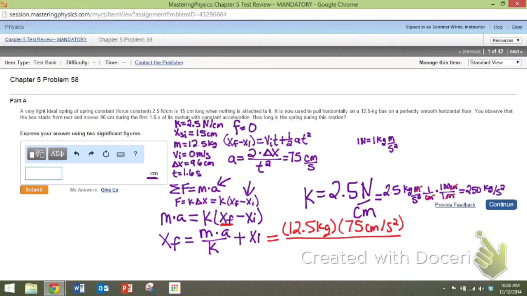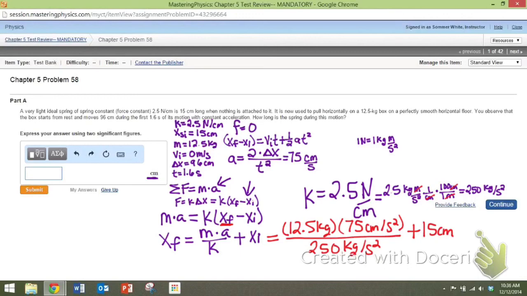Our k is that number we just found, our 250 kg per s squared. And then we can't forget that last little number, plus our 15 centimeters, our equilibrium length.